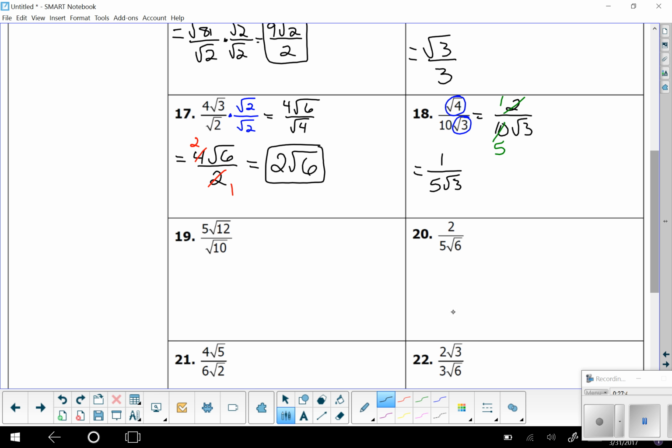And now we get rid of the square root. So we get the square root of 3 over 5 square root 9, square root of 3 over 5 times 3. So the square root of 3 over 15.